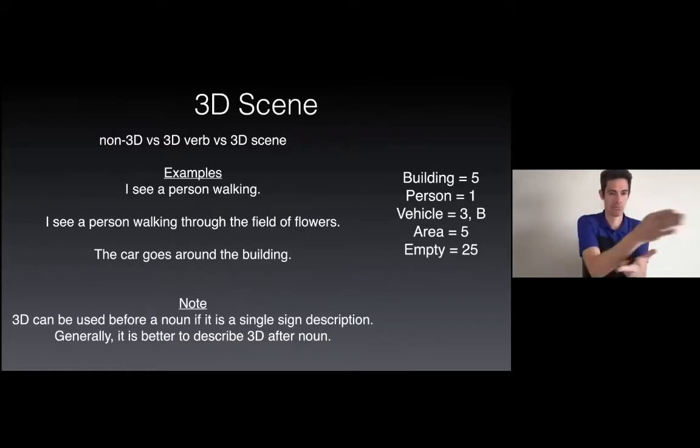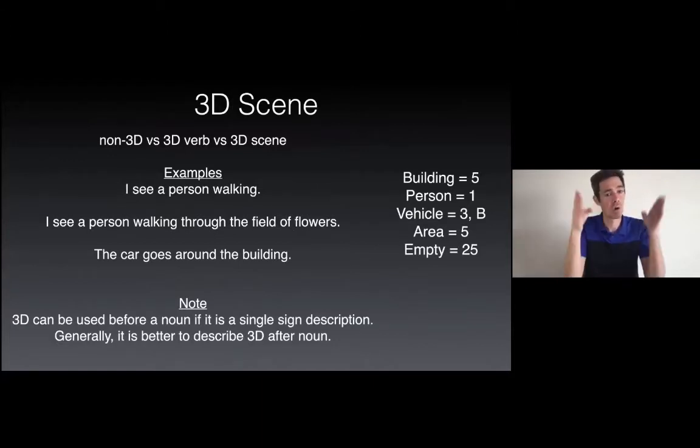So I'm going to do some comparisons, kind of three different parts of it. So if you have a non-3D and then a 3D, and just knowing what the verb is, and then true 3D scene, which means you're incorporating hand shape, a 3D hand shape, as well into your sentence.